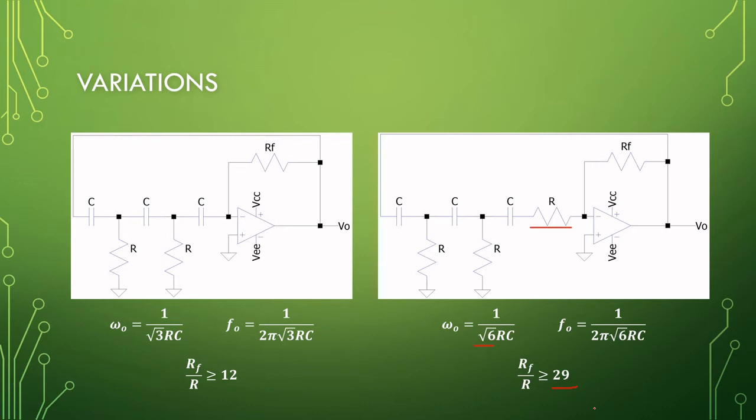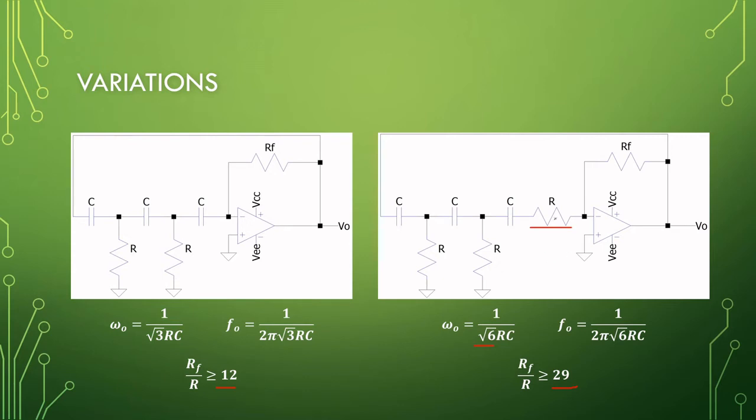So be careful when you browse around not to think that this is also just the root of 3 and the gain should be 12. Most of the time, the gain for these two variations is confused by people.